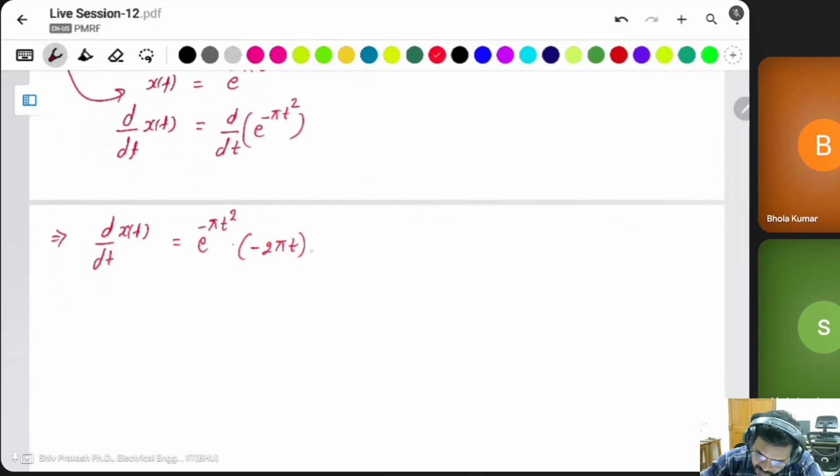So dx(t)/dt equals minus 2 pi t into e to the power of minus pi t square.